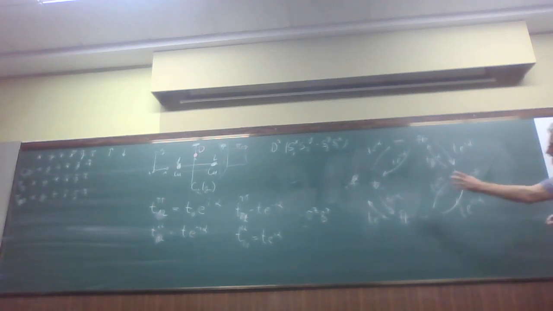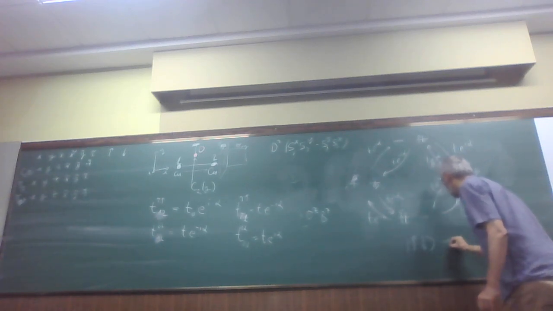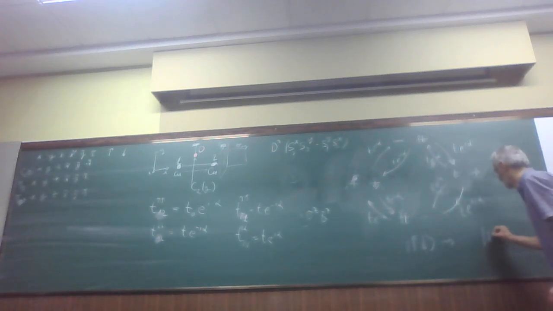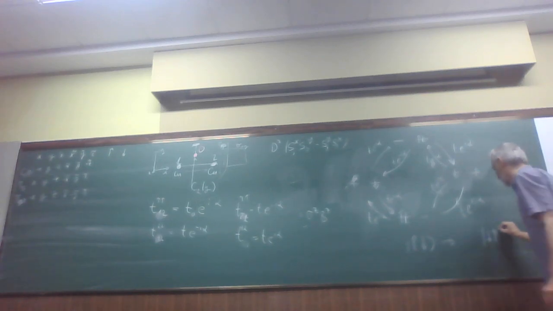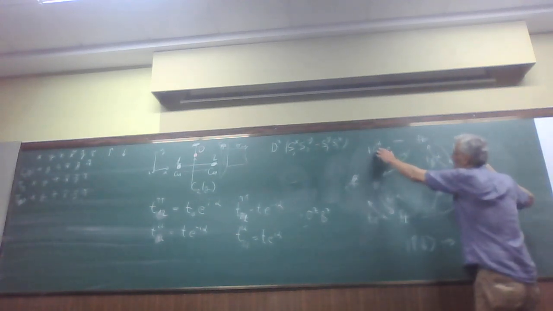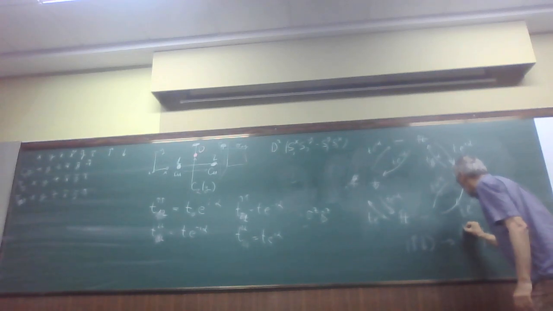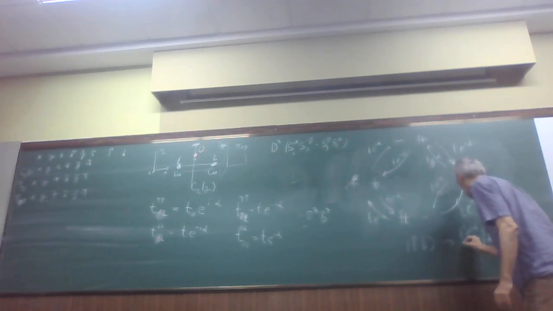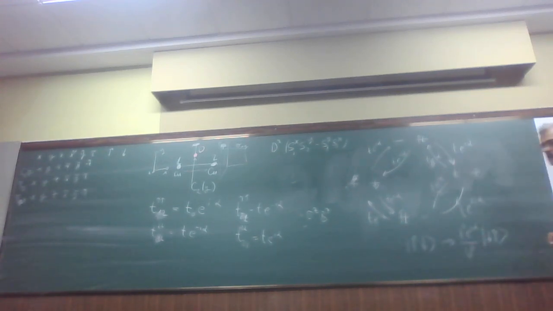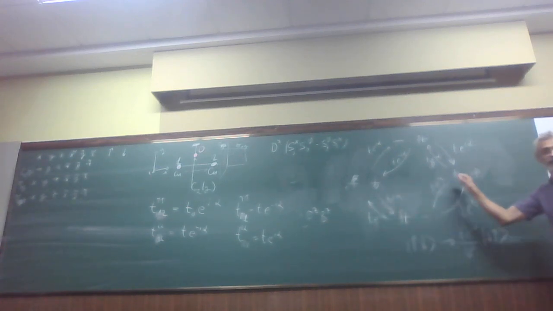So we have effectively something that looks like the up down state will go to down up with t squared over U. t squared is e to the i alpha times e to the i alpha, so it will be t squared e to the 2i alpha divided by U, and we pick up the same phase on this other part as well.